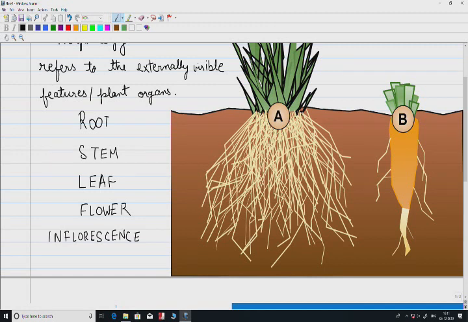So a lot of things will be studied in this, and based on everything like this, in the end of the chapter you are going to study some families of plants, families of angiosperms actually.